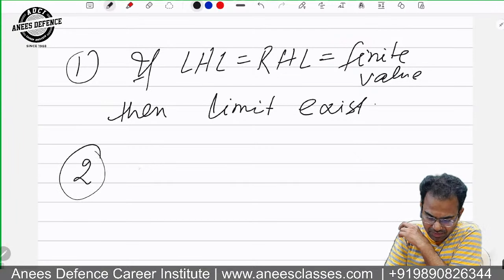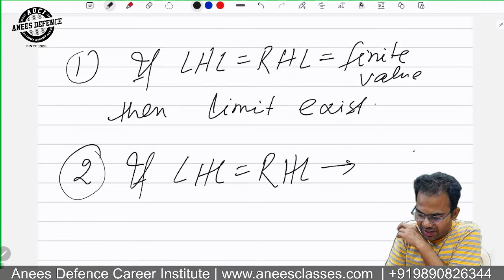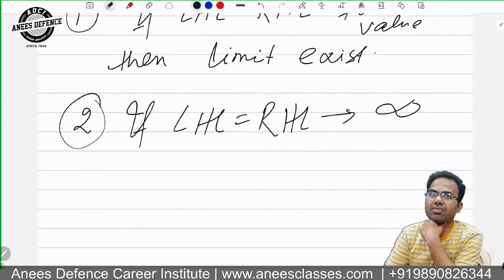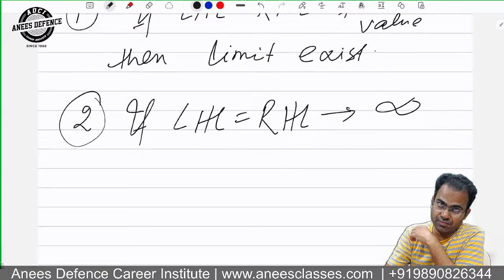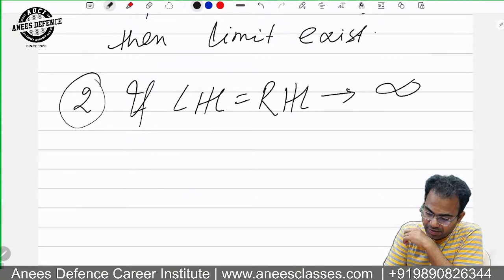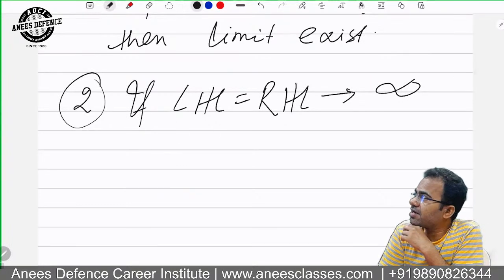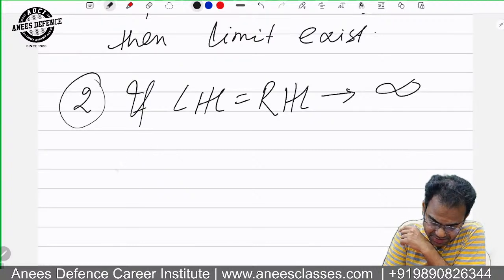Number 2, if LHL equals RHL but equal to infinity, so LHL equals RHL, both are equal but equal to infinity, then the limit does not exist.